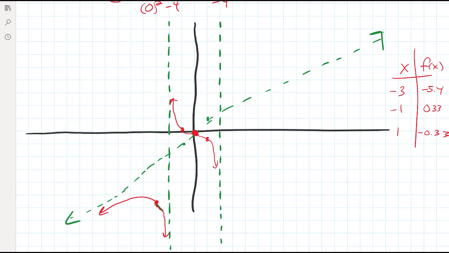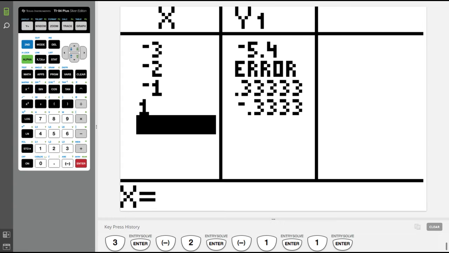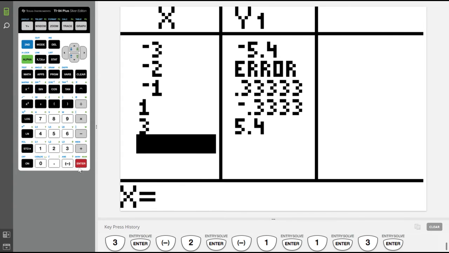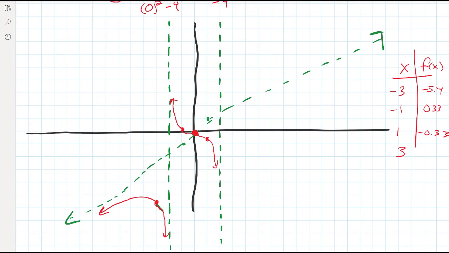All right, and then one more. We've got the right side. Let's once again grab an x value, this time a +3. Let's see what that gives us. It's a +5.4. So that point will be somewhere here. And once again, hopefully you're seeing the pattern.